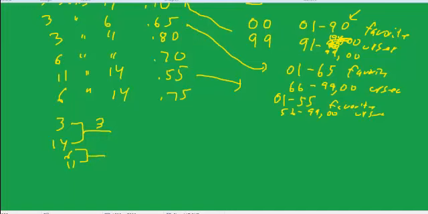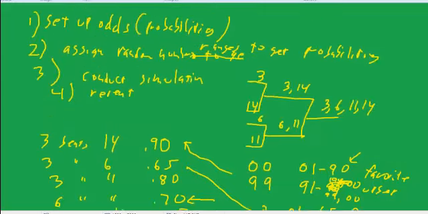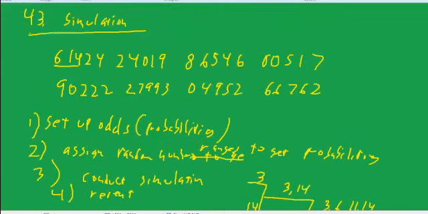And now let's go to the next one. 6 versus 11. We're looking at a 0.70 range for the 6 versus 11. So let's see if we get within 1 to 70. The next one we get a 42. That's our next set. So we'll just draw lines there.